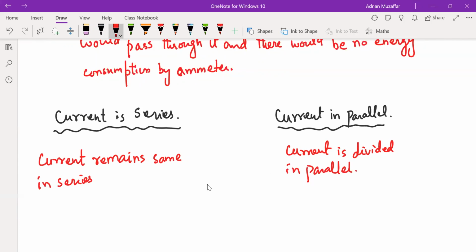Basically, both of these possible distributions of currents are based on one law, remember. We will do it in more detail when we do Kirchhoff's laws, but right now I can give you an idea. The total charge is conserved, due to the principle of conservation of charge.